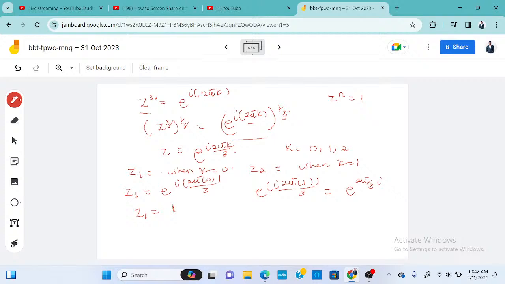So z2 is simply equal to e to the power 2 pi on 3 i. And we can represent this in the linear form as cosine of the expression 2 pi on 3 plus i sine the expression 2 pi on 3. You can further simplify this using your calculator.